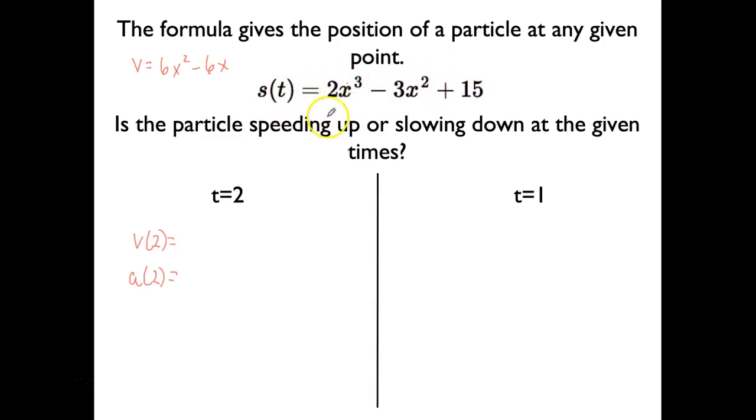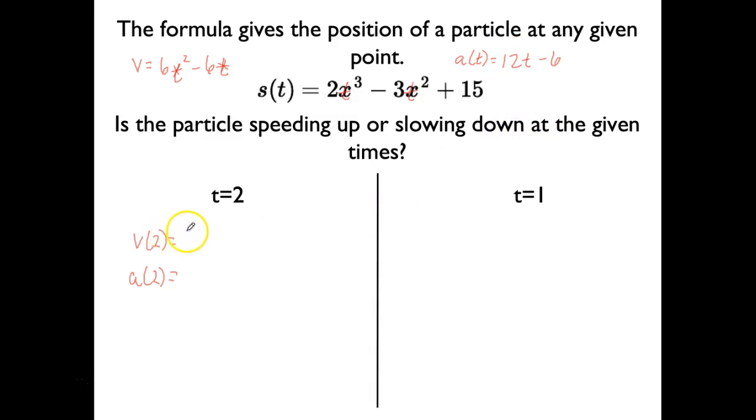We are talking about times, so it's more correct to use t's. So let's switch these things to t's so it makes more sense here. Okay, so that's a formula to find velocity. Now the formula to find acceleration is going to be the derivative of that, which would be 12t minus 6.